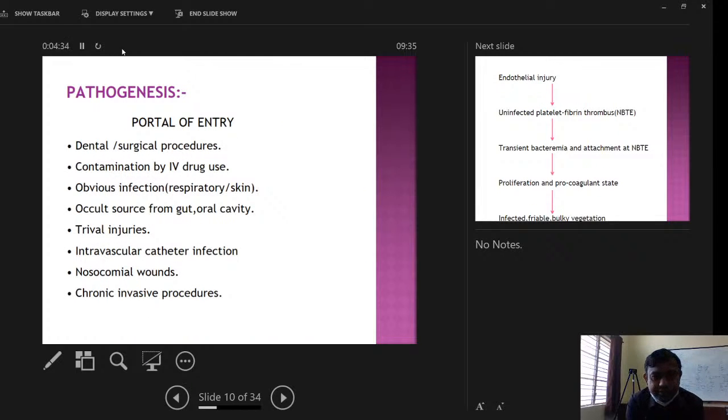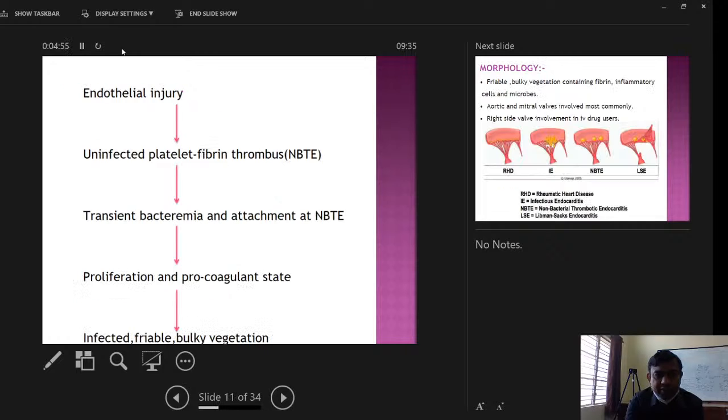Then pathogenesis. Normally the portal of entry is dental or surgical procedures, contamination by IV drug use, obvious infection, that is respiratory or skin infections, and occult source from gut, oral cavity, injury, intravascular catheter infection, nosocomial wounds, and chronic invasive procedures. The mechanism: initially there is endothelial injury.